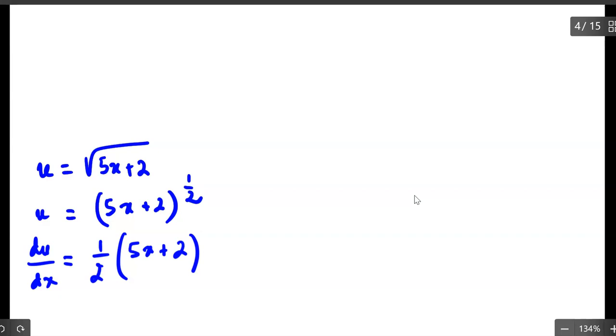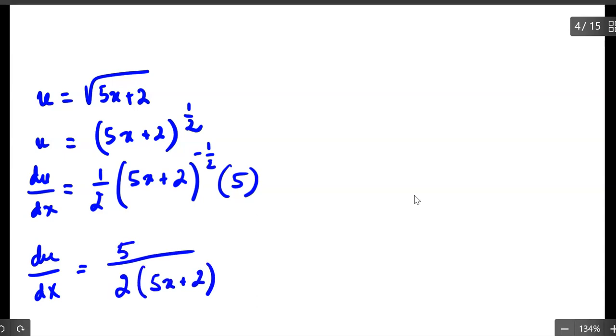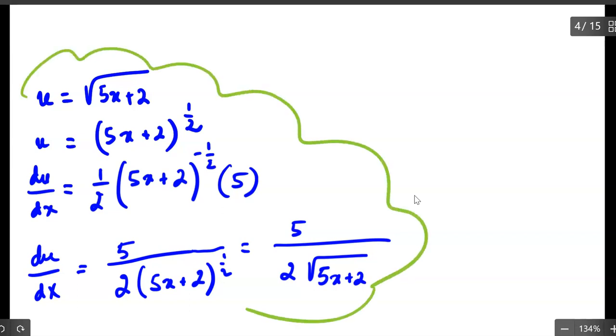Immediately after, I take 1 away from the exponent. So a half minus 1 will be negative half. And what is the derivative of what is inside this bracket? It is 5. Okay, so in the end, du over dx will be equal to 5 over 2 times 5x plus 2, all of it raised to the exponent negative a half, or you can write it as 5 over 2 square root of 5x plus 2. Okay, so we are going to use this and apply it to our trig functions in a minute.